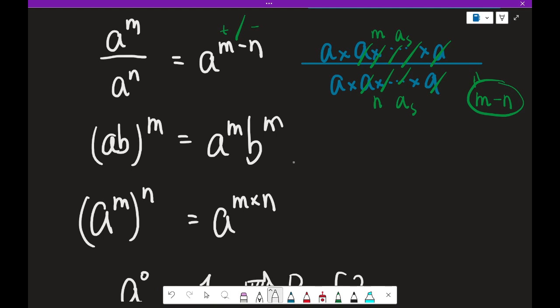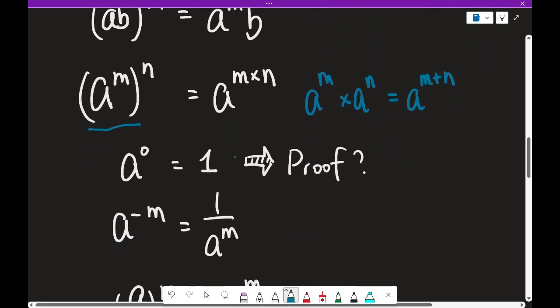Next, a to the power of m bracket to the power of n, which gives us a to the power of m times n. We need to be careful to distinguish this identity from a to the power of m times a to the power of n equals a to the power of m plus n. We need to distinguish these two.